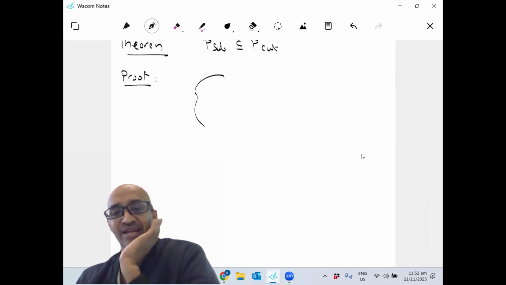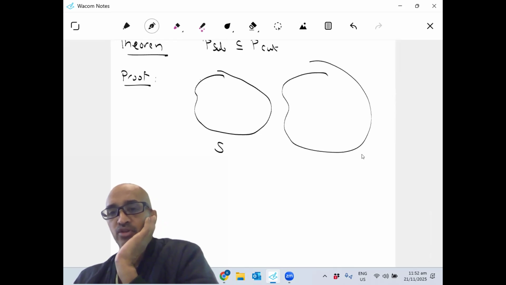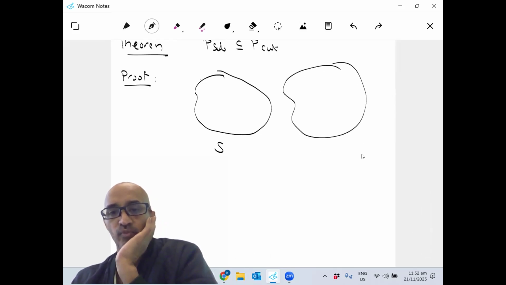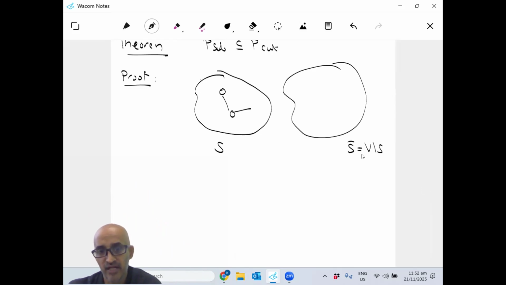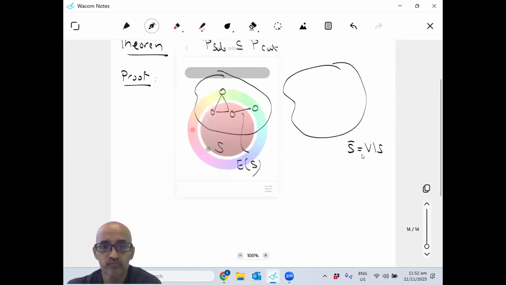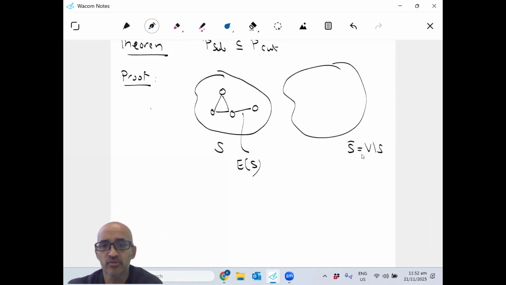So you've got a set S, and you've got a set S bar, the complement set. What are the different edges? There are edges that connect the nodes in the set S. All of these I call the edge set E of S. Then I've got edges in S bar.